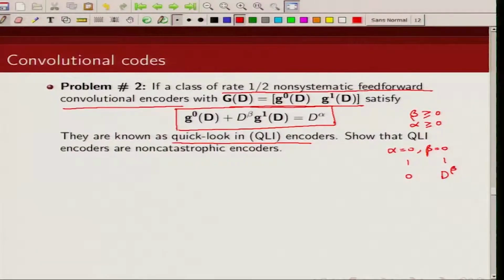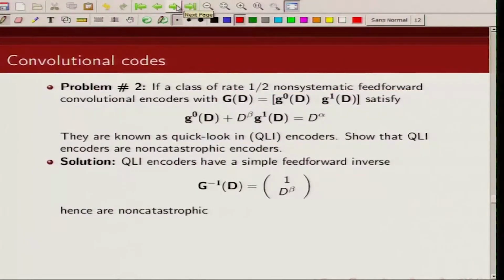So, they are in some sense closest to systematic codes, if you like to call them. So, these quick look in encoders have a very simple feed forward encoder inverse, and that is given by this. And you can verify that GD inverse is d to the alpha.